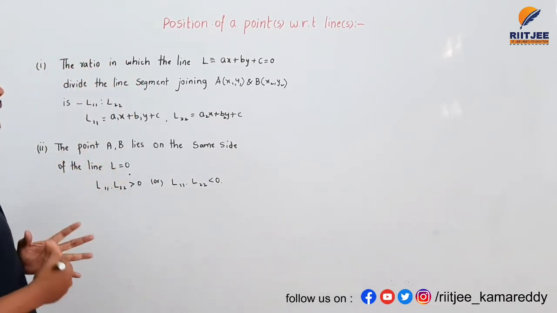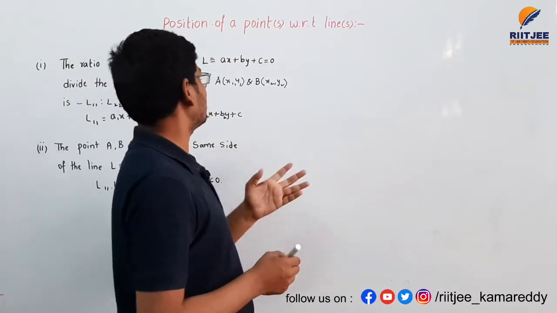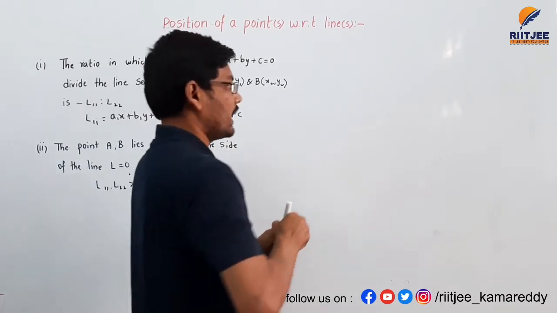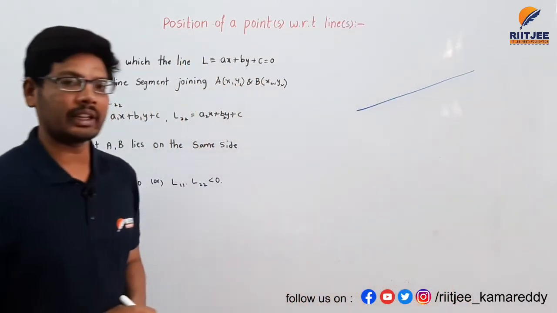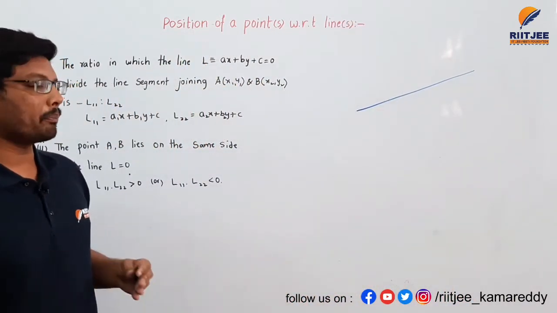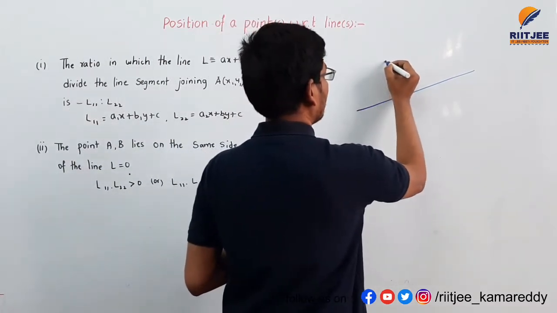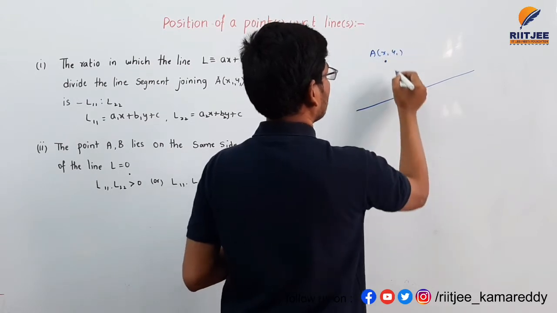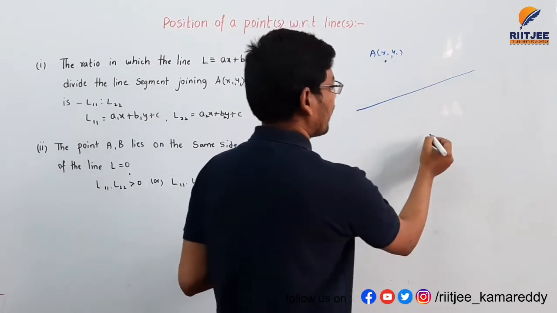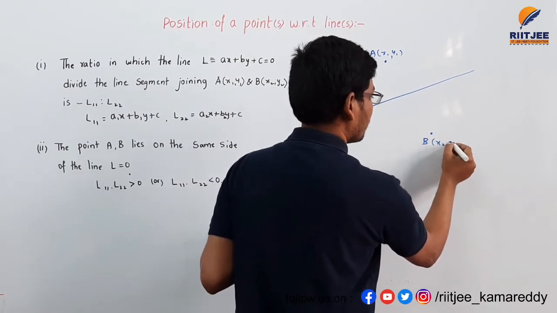And what is the first point saying? The ratio in which the line divides the segment, we should see diagrammatically. I am taking a line here, and the two points A and B. This is A, x1 and y1, and I am taking one more point here, this is B, x2 comma y2.